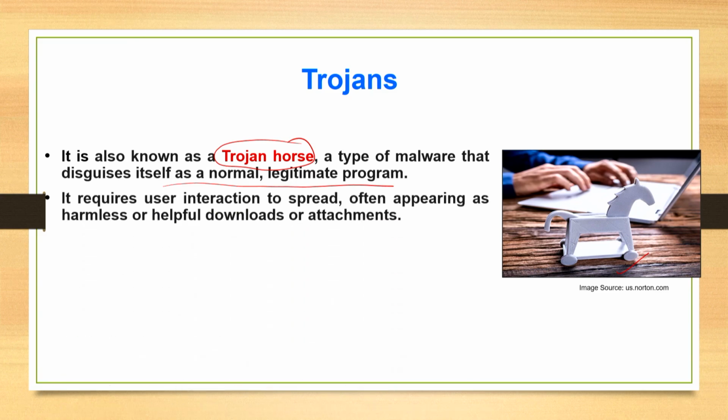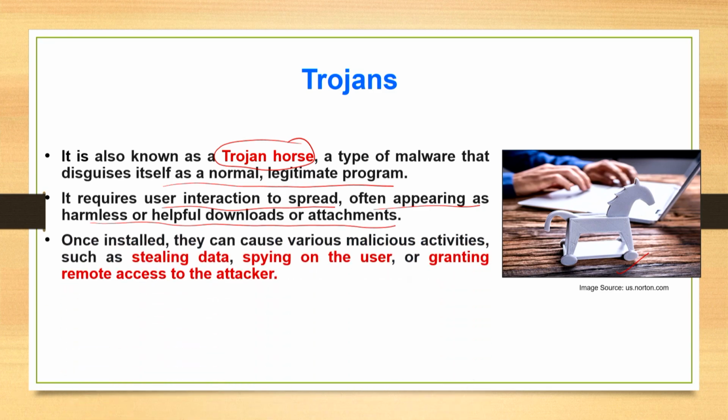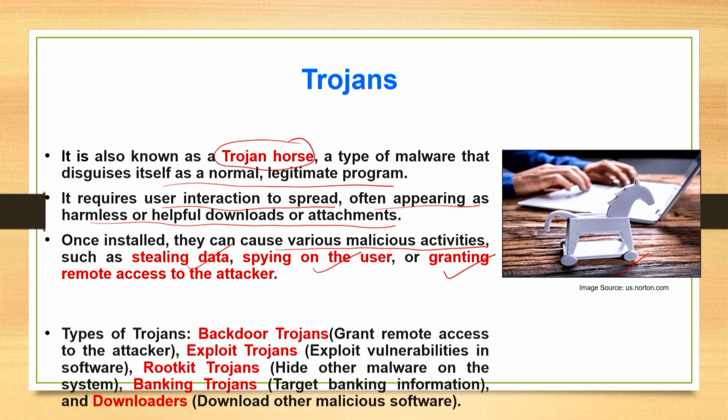It requires user interaction to spread and often appears as harmless or helpful downloads or attachments. Once it is installed in your system, it can cause various malicious activities like stealing data, spying on the user or granting remote access to the attacker.